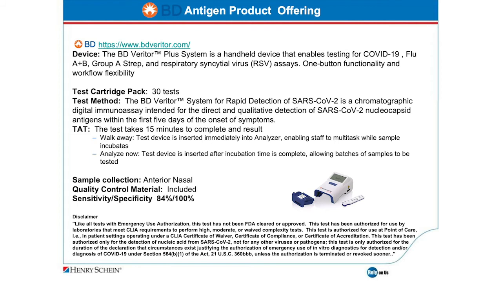You can either do tests in a singular fashion like you would with Q Health, or they also have a batch mode where you can do multiple patients at one time. So that may be something that's of interest to our dentists. The quality control material is also available by BD, but it is included as opposed to an additional cost.